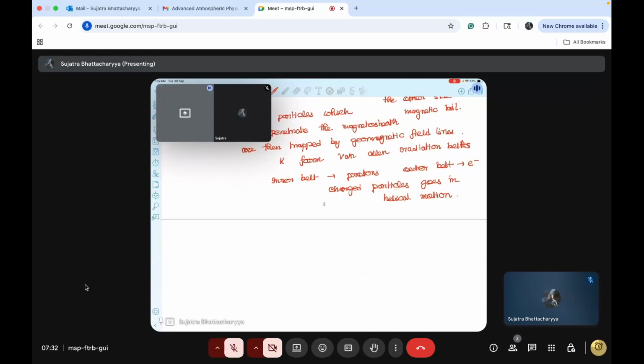Okay, the next thing which we will do is airglow. Airglow, and we will see how it is different from the aurora. Okay, so see this.